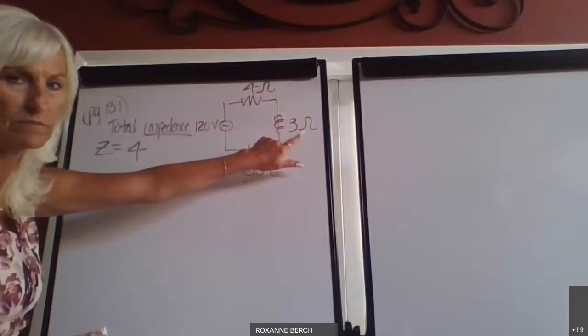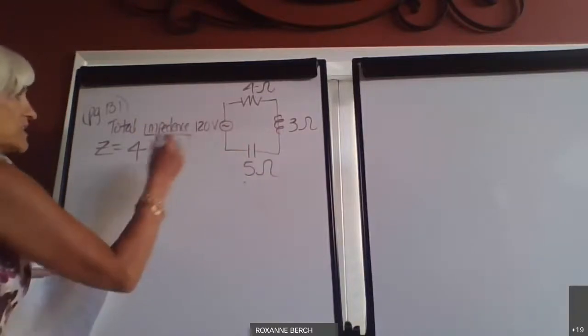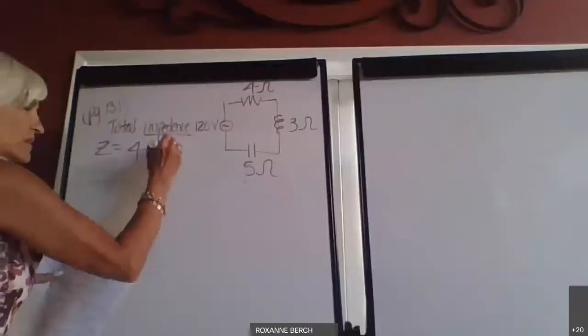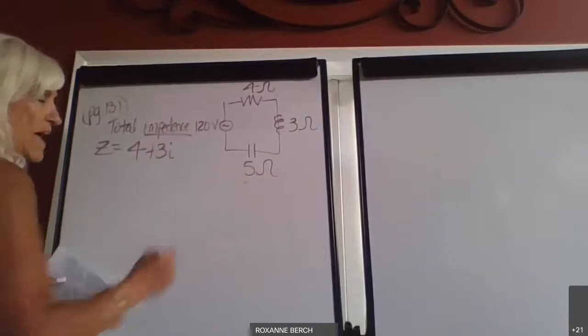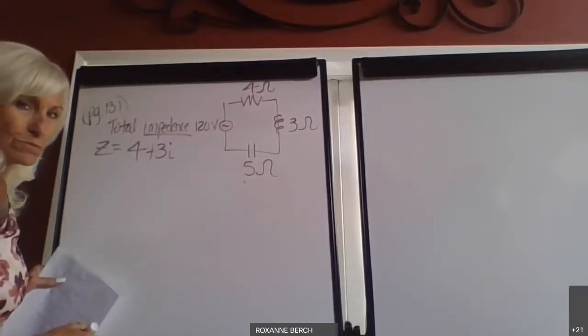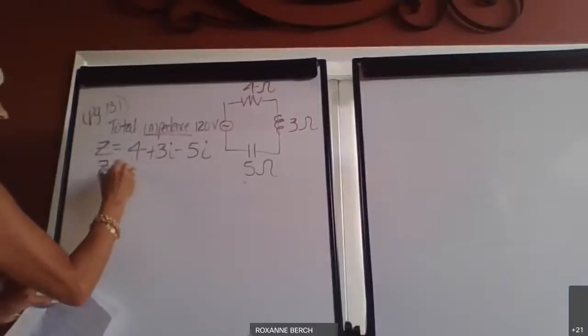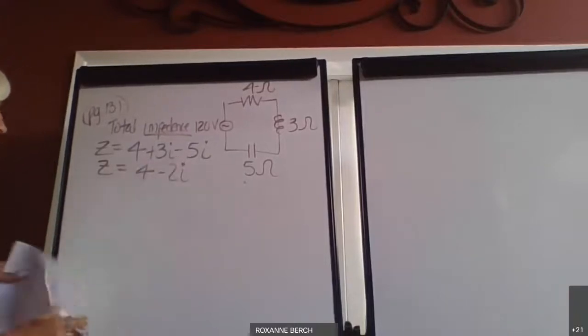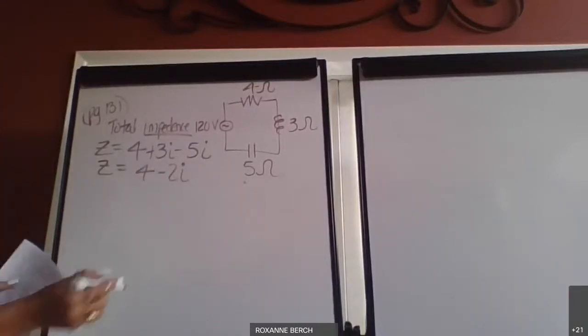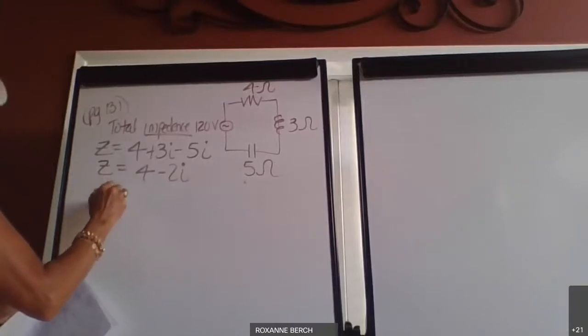The inductor is always a positive imaginary, and the capacitor is always a negative imaginary, and when you combine like terms, you get 4 minus 2i.